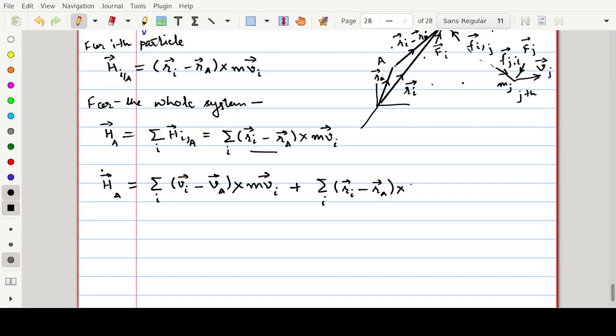So derivative of V will be acceleration, so this will be ai. All right.